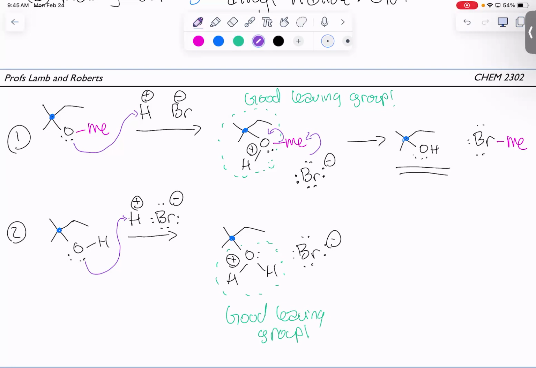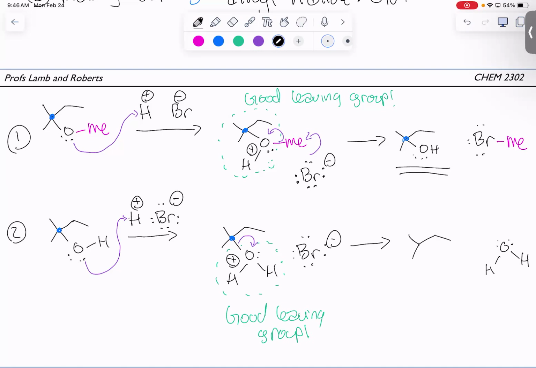All right, that leaving group's going to leave. We're going to break that oxygen-carbon bond by giving those electrons back to our oxygen. All right, so what does that mean? That means we've made water. And now we have a tertiary carbocation.